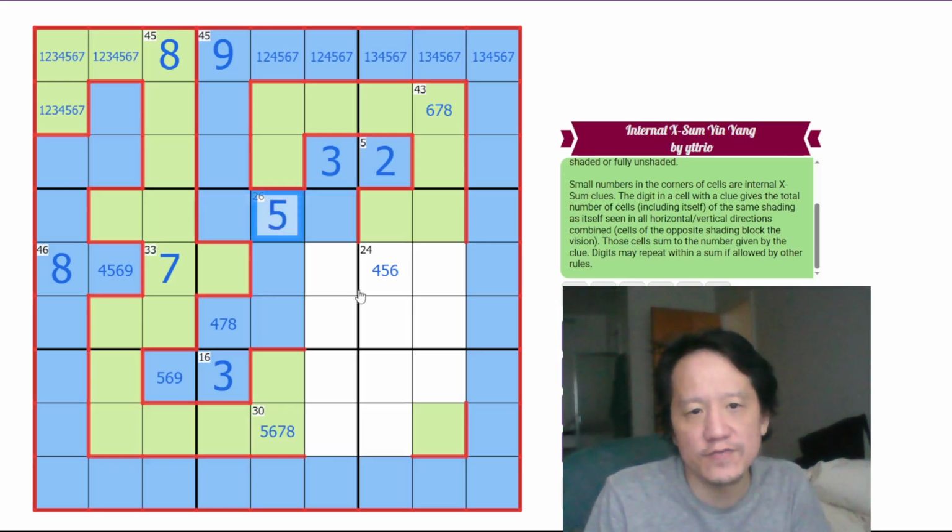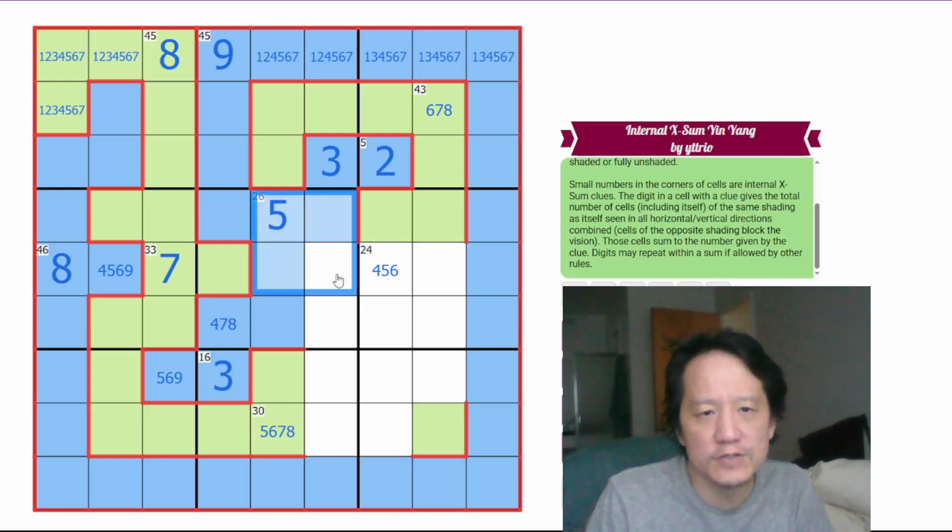So this is 5. These 2 by 2 areas blue, so this must be green, which forces this to be green because otherwise you'd be separating out the green areas. So this is green. This must be blue then because of the 2 by 2 area. This must be green then because of the 2 by 2 area, which forces this to be green to be connected orthogonally.